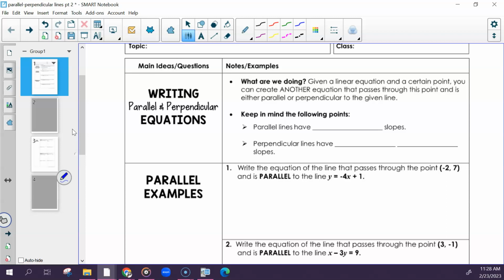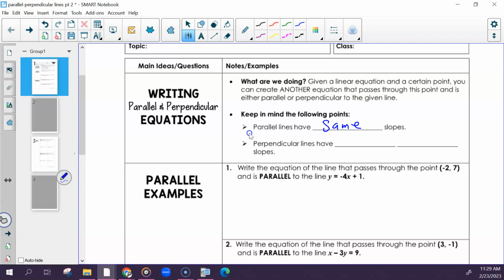So now we're going to be doing what we were doing before with writing, and tying it into parallel and perpendicular lines. We have to remember two things. Parallel lines have what type of slopes? They're the same. And perpendicular lines have what type of slopes? There's a specific set of two words, something reciprocal.